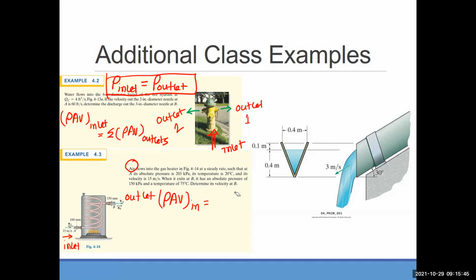You don't need the summation sign, but if you want, you can use that. Now, this time, since it's the air, you can't say this one. So you need to use the density, and if the pressure and temperature is given, you need to find out that. You need to make sure that the pressure and temperature should be absolute pressure and temperature, and using ideal gas law, you can find the density if it's not given. Okay. So that is example 4.3.